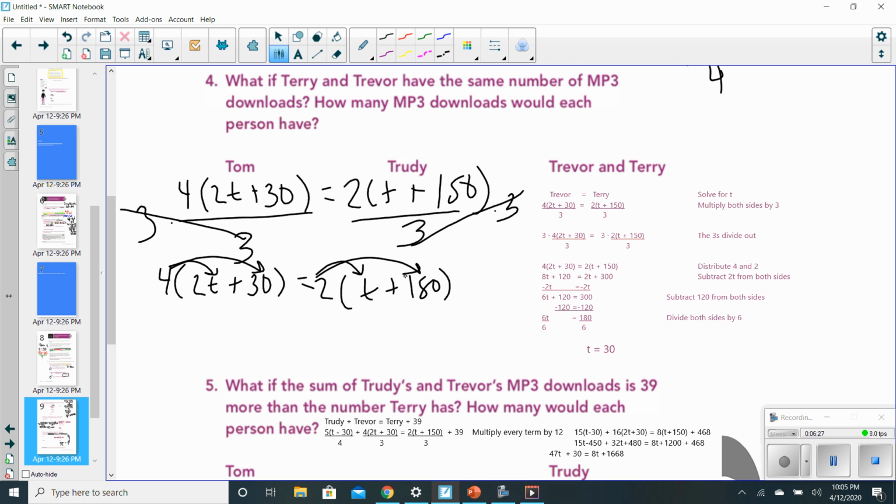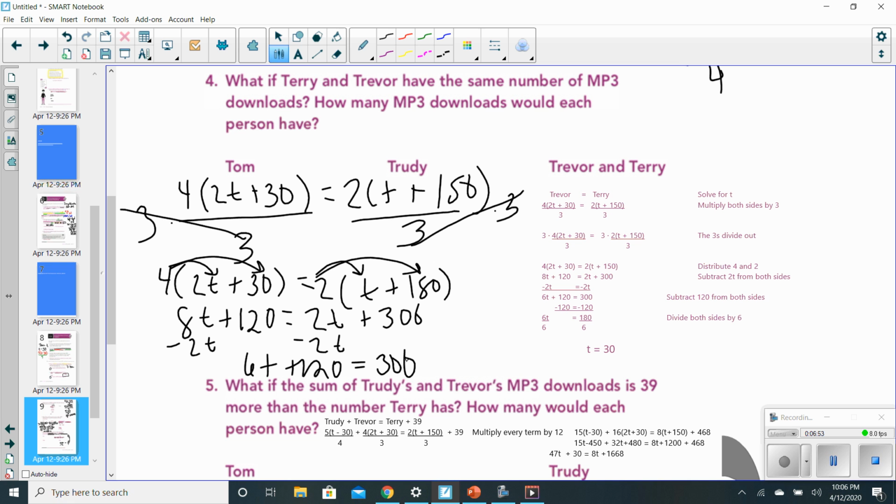I'm going to only use the distributive property once here just to make it a little bit easier. So you get 8t plus 120 equals 2t plus 300. Now, again, you need to get your variables on one side, so I'd recommend moving the 2t over. So you're going to be left with 6t plus 120 equals 300.